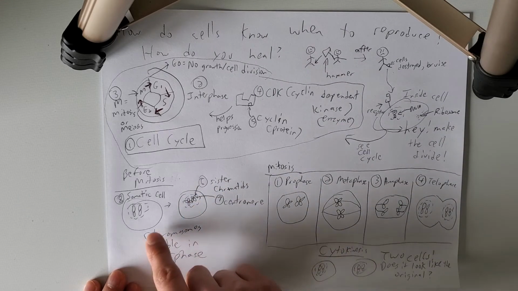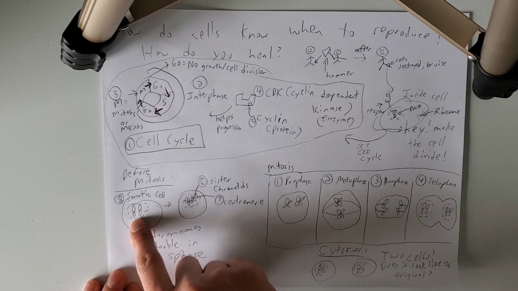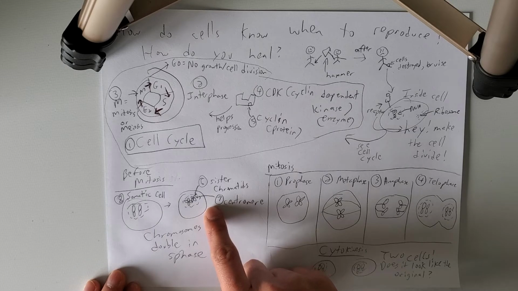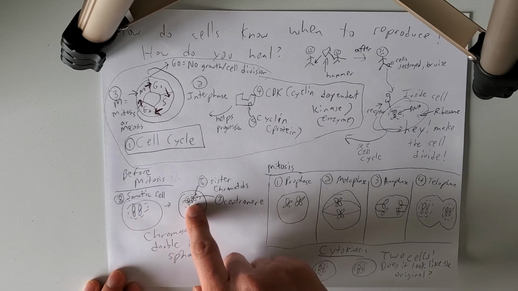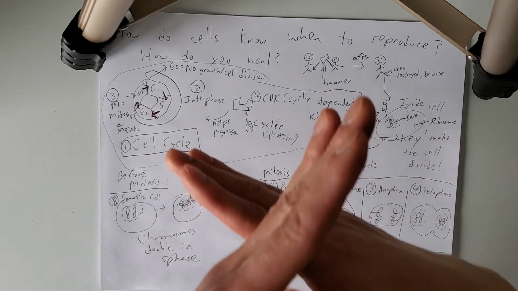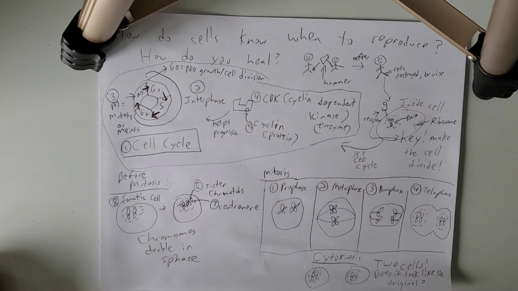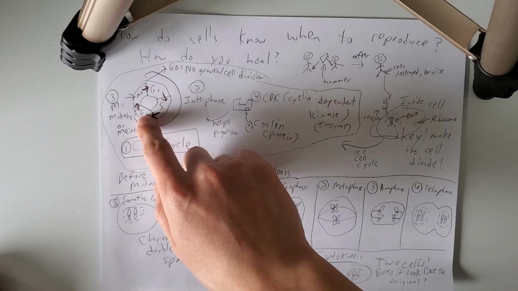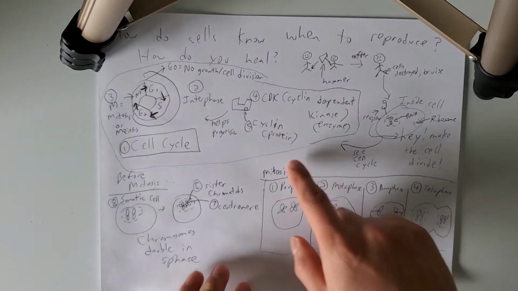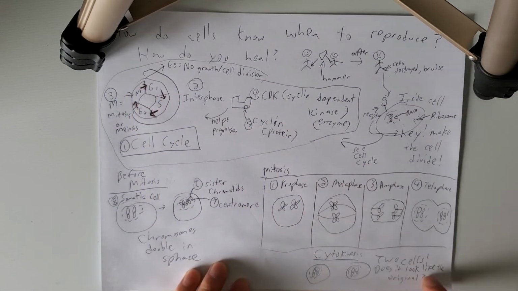Let's look once again. Before S phase, it looks like this, two chromosomes there. After S phase, each chromosome is duplicated, and we know it duplicated because they are an X shape. Once it's duplicated, S phase goes to G2, and G2 then goes to mitosis. Here are the actual mitosis steps.